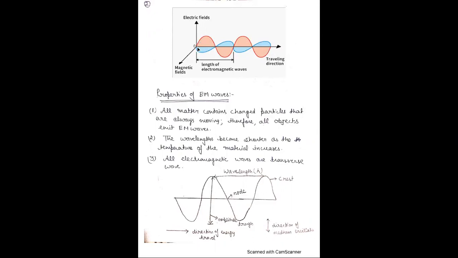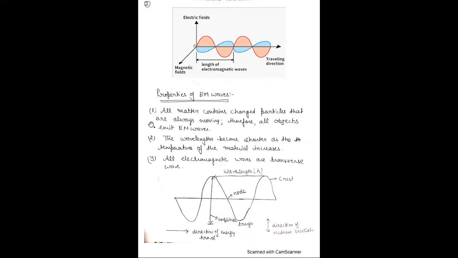Here this is the wavelength of the electromagnetic waves, and this is the traveling or propagation direction of EM waves.